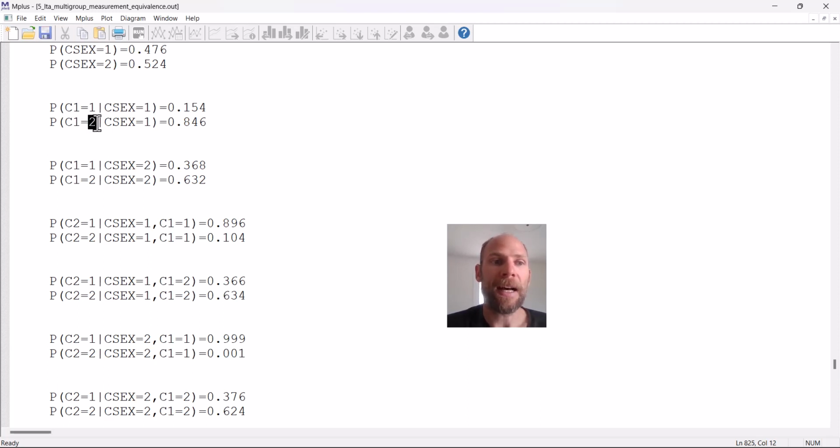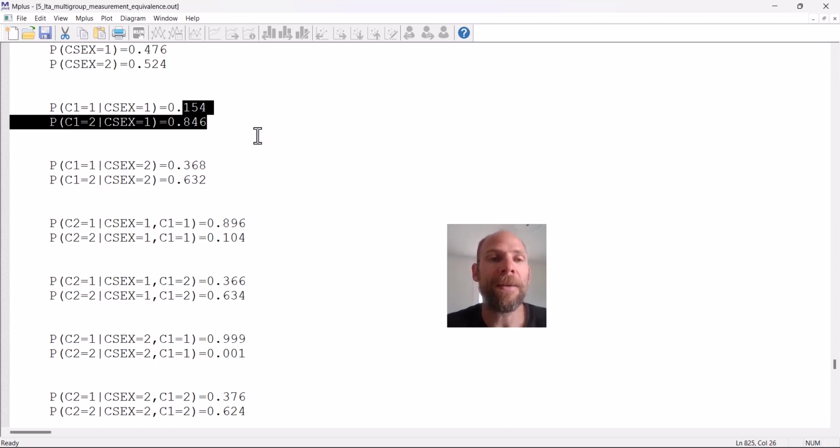The second class at time 1 then had a size, obviously, because there were only two classes, of 84.6%. Those two probabilities have to add up to 1.0 because all females have to belong to either class 1 or class 2. There are no other classes here.